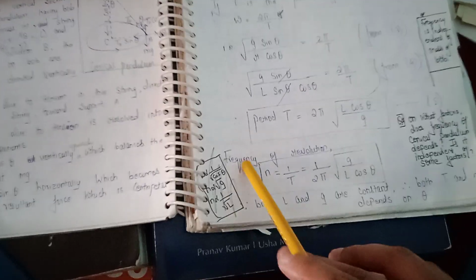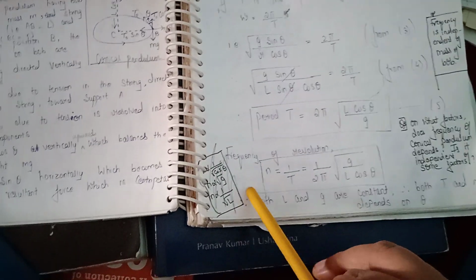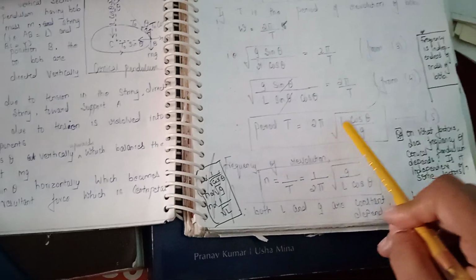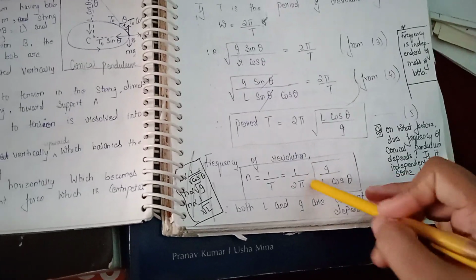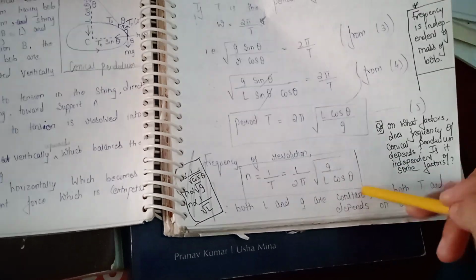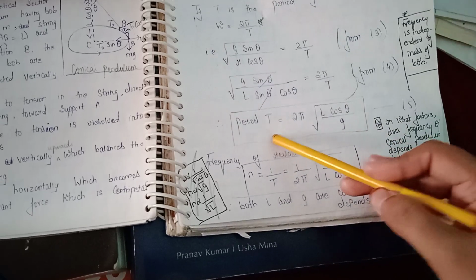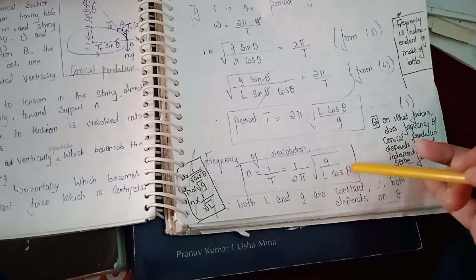If you are asked about the frequency, then frequency is denoted by small n, which is 1 upon T. So when you reciprocate this, you will get 1 upon 2 pi root of g upon L cos theta. Since L and g are constant, both T and n depend on theta.